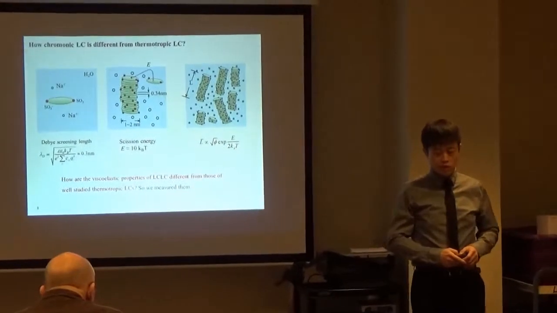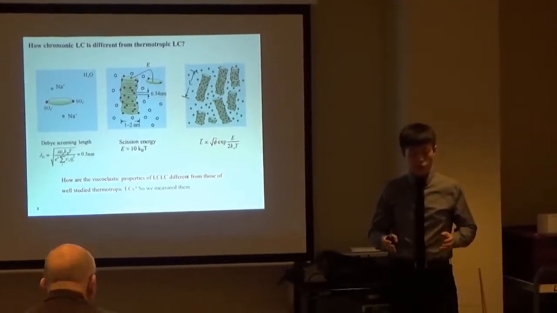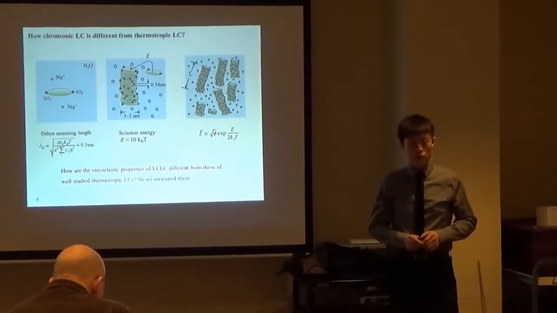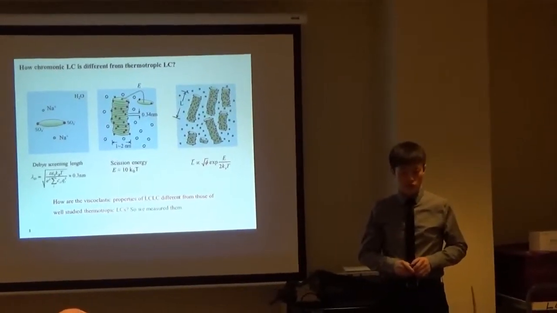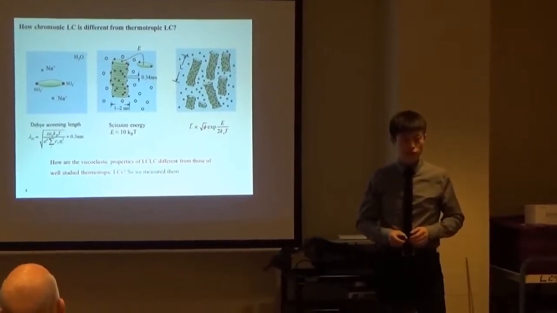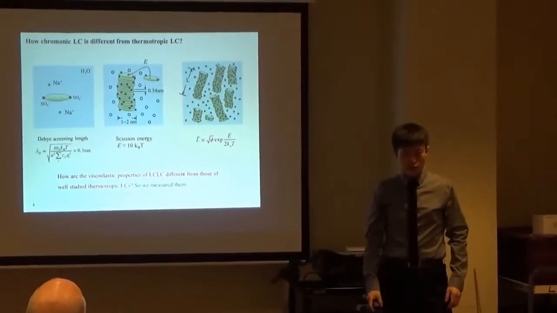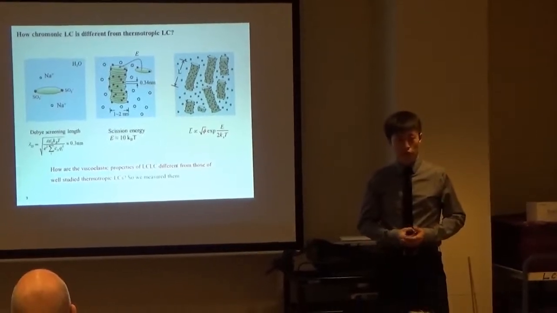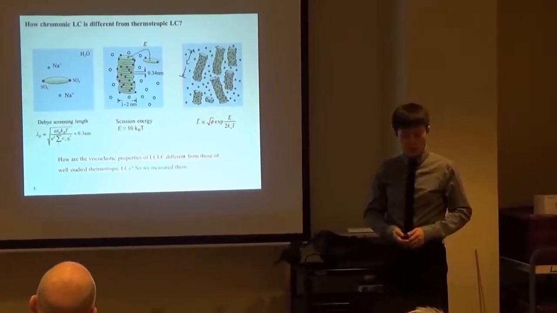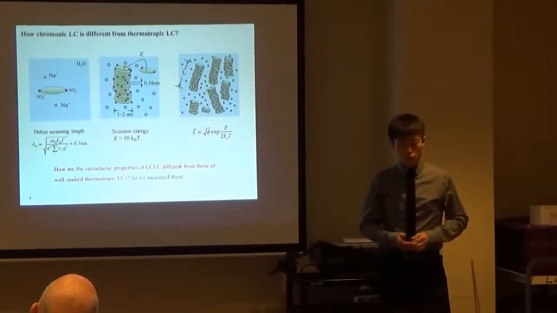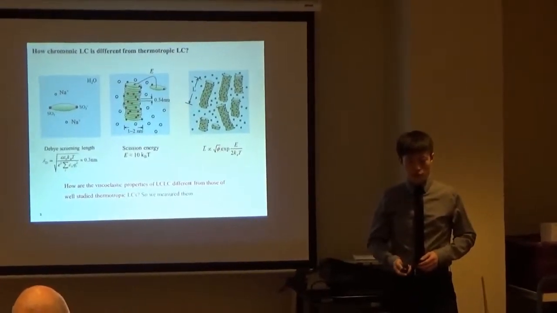This gives us an interesting question to ask: since the mechanism by which lyotropic chromonic liquid crystals form is so different from thermotropics, like 5CB that everyone uses in the lab, how can the viscoelastic properties of such a material differ from a normal thermotropic liquid crystal? So we did an experimental study to measure the viscoelastic properties directly.